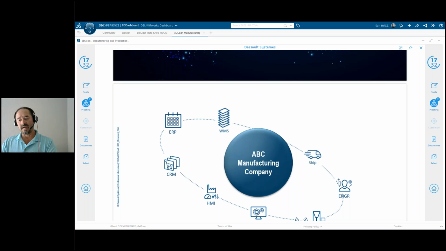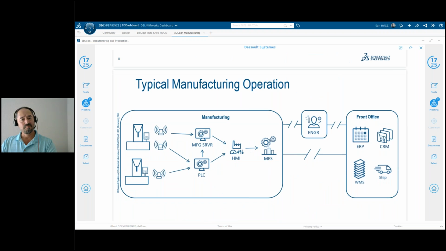So let's take a look at how data and information flows in the typical manufacturing environment. This is a simplified version of how the typical manufacturing company operates, and it illustrates the challenges we have with data and information.